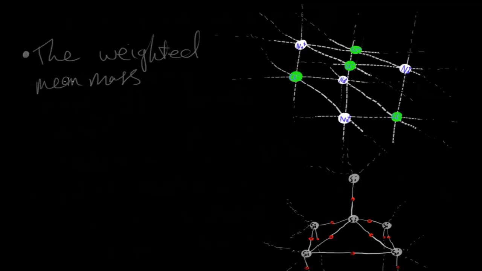And in summary, I'll just write up the definition of relative formula mass, and I'll do the three colors as well, which was the weighted mean mass. And you may notice a similarity between this and relative atomic mass, because this uses relative atomic mass to be calculated. So this is why it includes the term weighted mean mass of a formula unit.